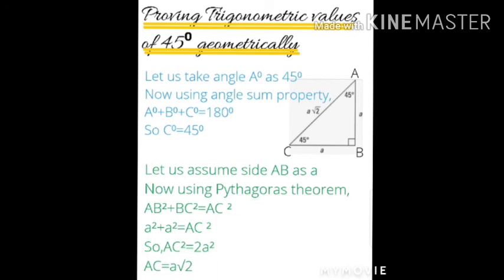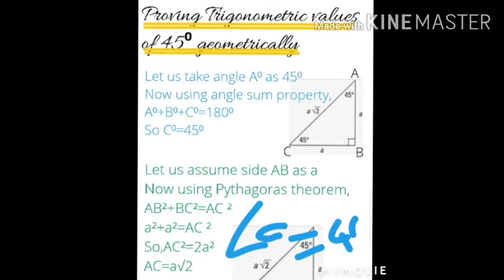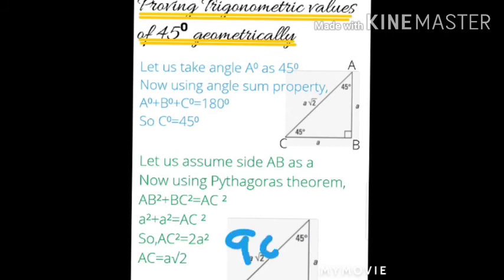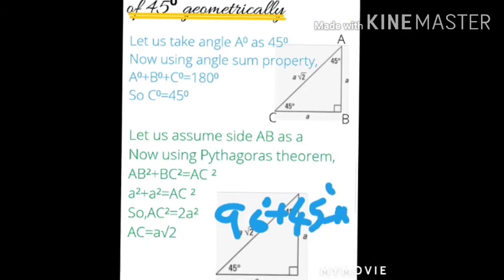If we assume angle A as 45 degrees, then obviously angle C will be equal to 45 degrees by the angle sum property. What does the angle sum property denote? Angle A, which we assumed is 45 degrees, plus angle C is equal to 180 degrees.